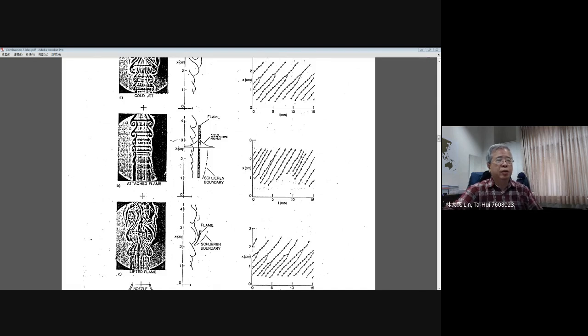And this tells you that when you have a flame existing, the flow experiences the heat release through the flame, the temperature increases, then viscosity increases, and this increased viscosity will lower the Reynolds number corresponding to this jet.